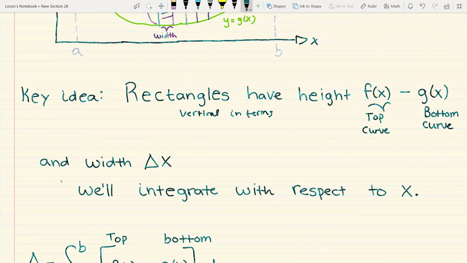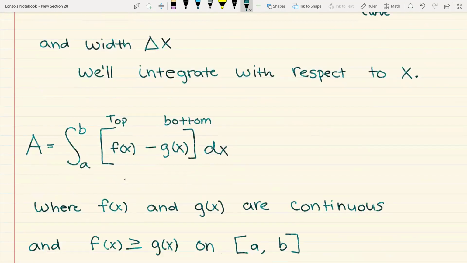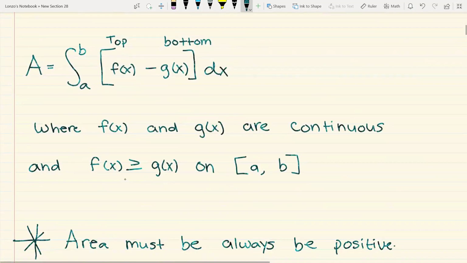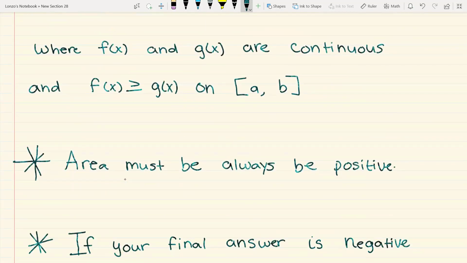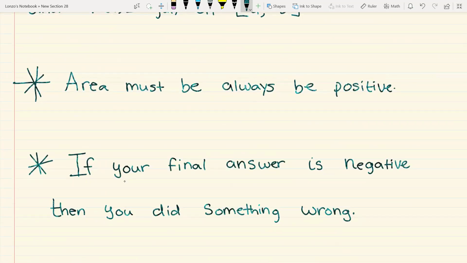So if it's vertical, everything has to be in terms of x, from the boundaries A to B, of top minus bottom dx, where f of x and g of x are continuous, and f of x is greater than or equal to g of x on the interval A to B. Just note, area must always be positive. If your final answer is negative, you must have done something wrong.